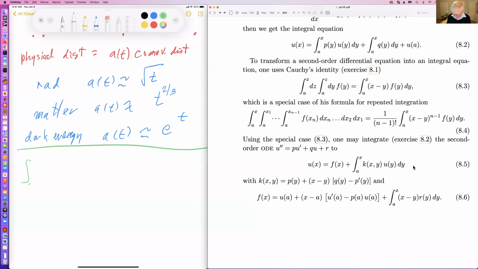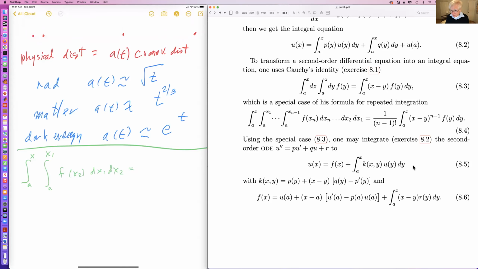Let's go from a to x, and then from a to x1, and then I'm going to call that f of x2 dx1 dx2. I think, yes, I think that that's what we want.